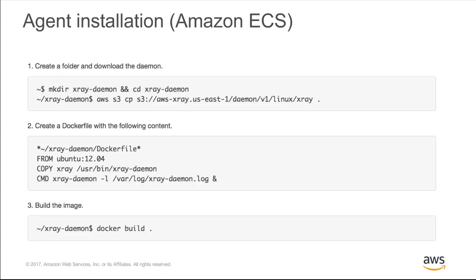One thing I do want to mention about using the daemon in a container world, we recommend that you run the X-Ray daemon on each host that you run containers on.